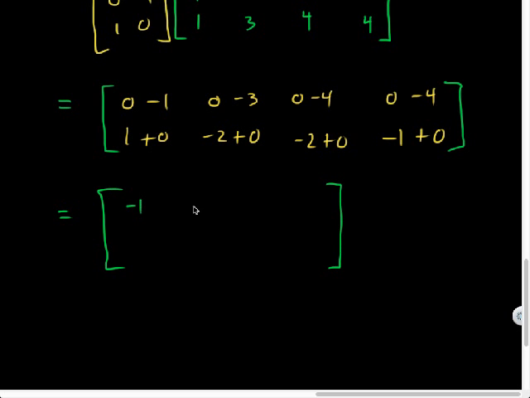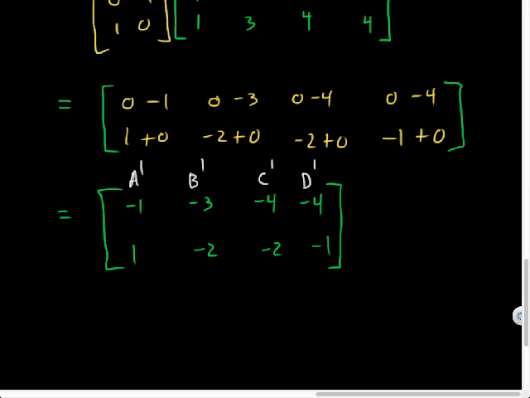So these are the points: -1, -3, -4, -4, 1, -2, -2, -1. And each of these represent A prime, B prime, C prime, and D prime.